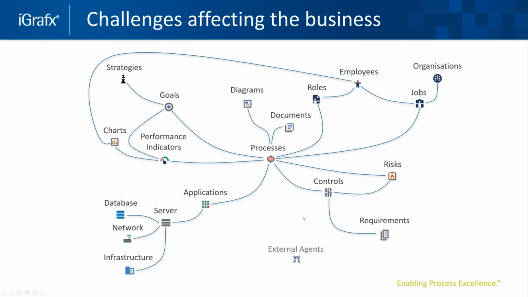The last points here are external agents like customers, financial institutes, and suppliers that we are talking to, or exchange goods, documents or data with. Documents, data and such are called work products, and we can also model relationships here.